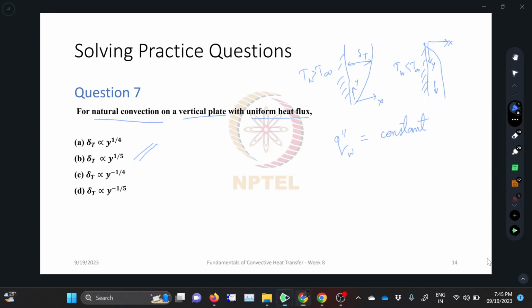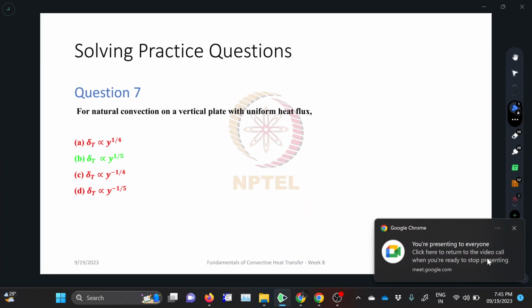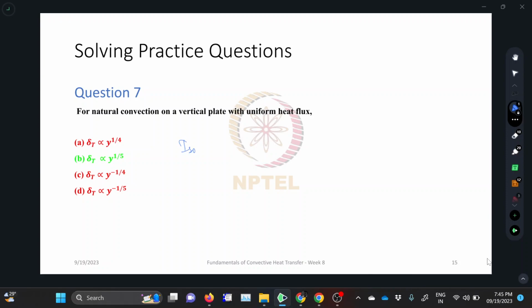Okay, we will quickly have a look at the solution. We actually spoke about this earlier in one of the slides. So for an isothermal case, for an isothermal wall with Tw equal to constant, we have this delta T proportional to y to the power 1/4.